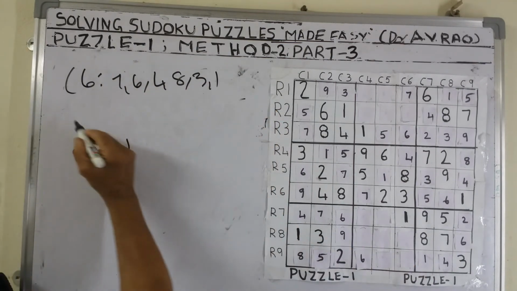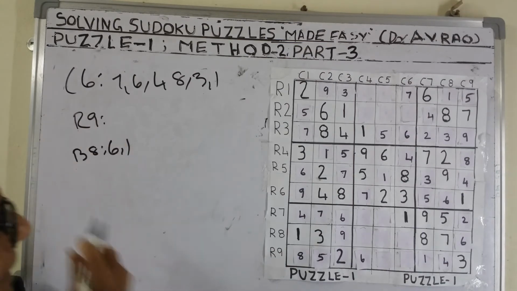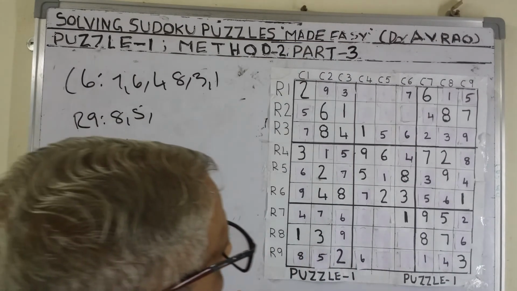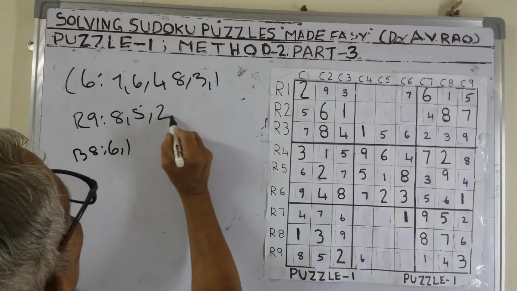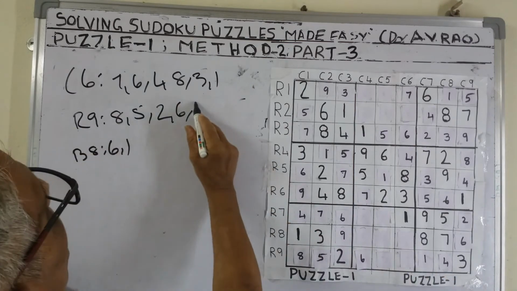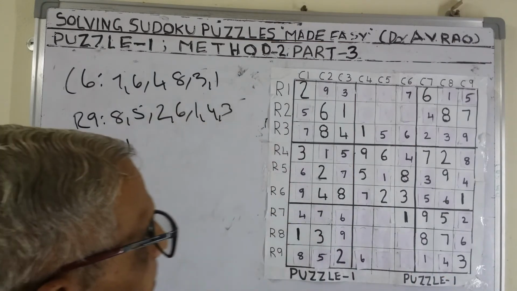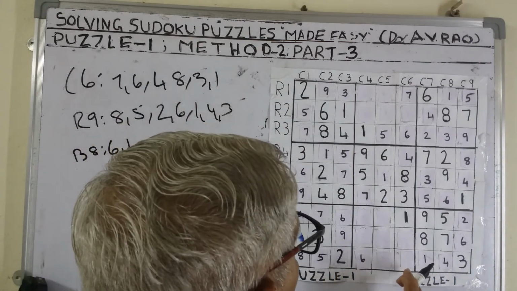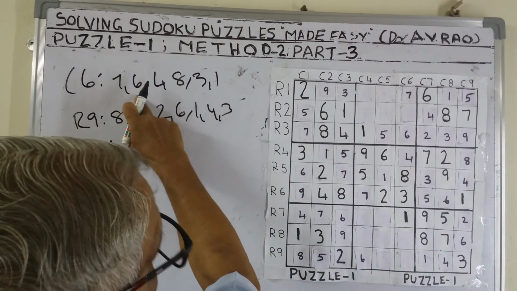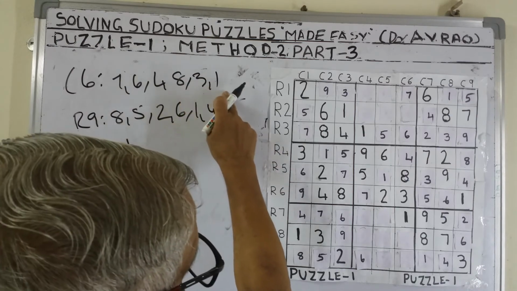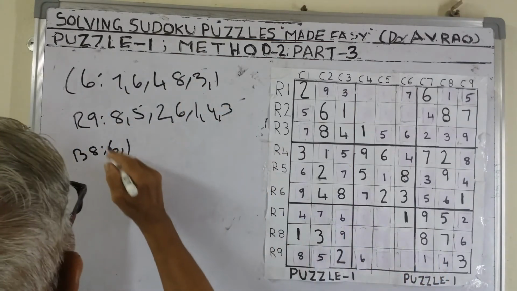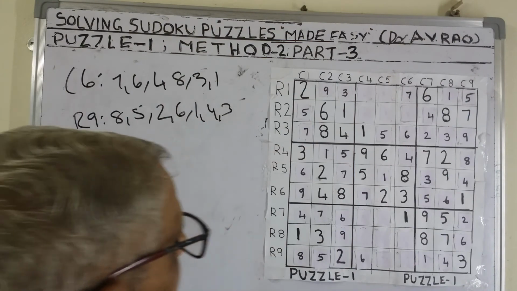Row R9 is 8, 5, 2, 6, 1, 4, 3. C6 is 7, 6, 4, 8, 3, 1. Okay. And box 6, 1. Okay.